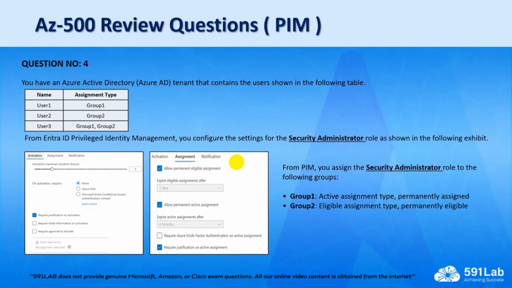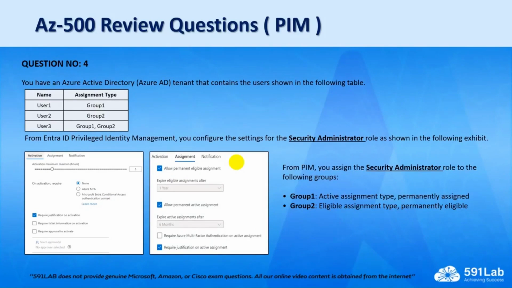Look at the assignment section. Here we have allow permanent eligible assignment, which is checked, fine. And then allow permanent active assignment, which is checked, which is also fine. And again, the last option says require justification on active assignment. Okay, so we understand these options. Let's read the more part of this question.